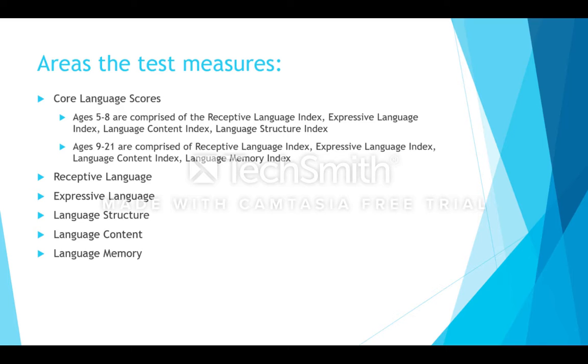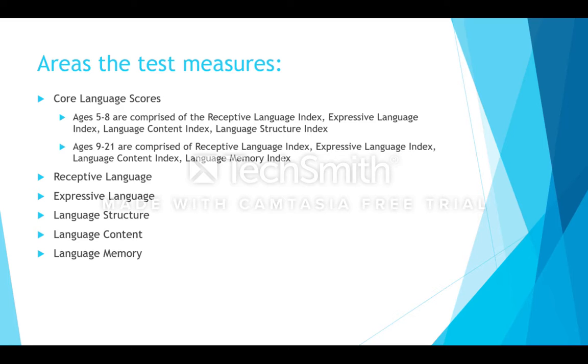The first area that you look at is the core language score, and it's broken down from ages 5 to 8 and ages 9 to 21. Ages 5 to 8 are comprised of the Receptive Language Index, Expressive Language Index, Language Content Index, and Language Structure Index.